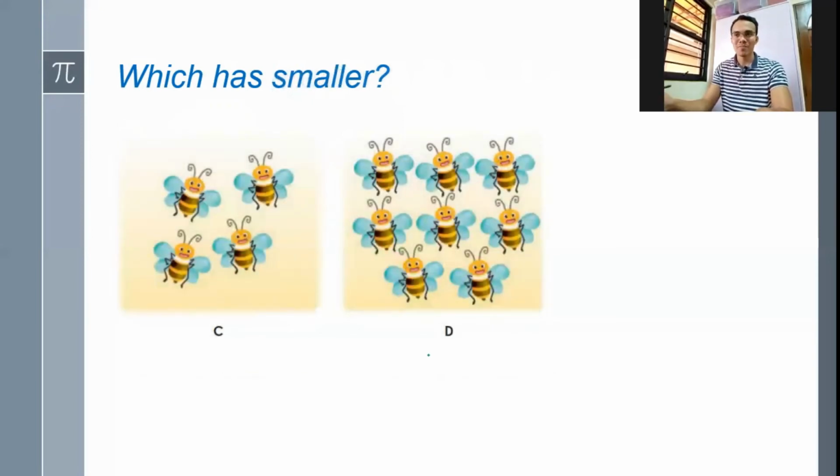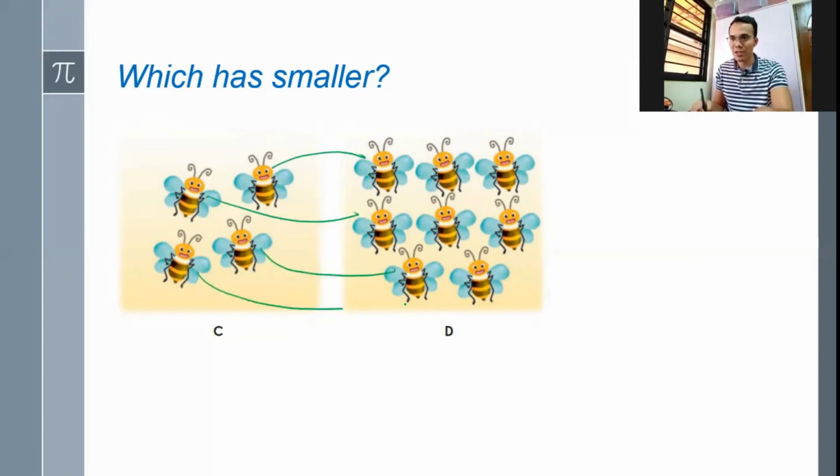Another question. Which has smaller? In group C or set C, there are a number of B's. In set D, there are a number of B's also. So how do we answer the question? We're going to match set C and set D. Match, match, match, and match.